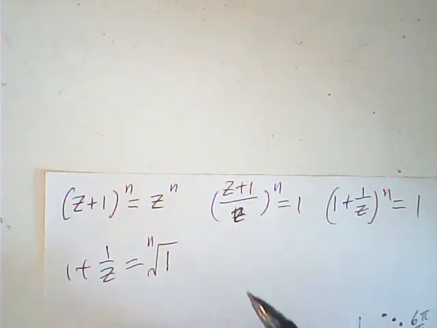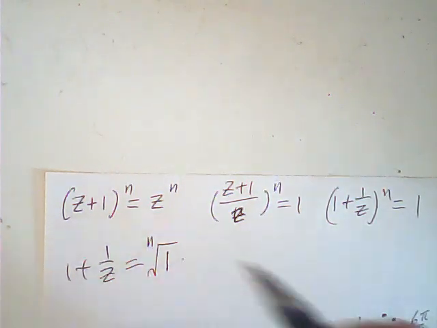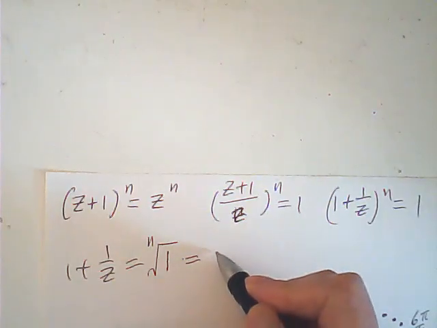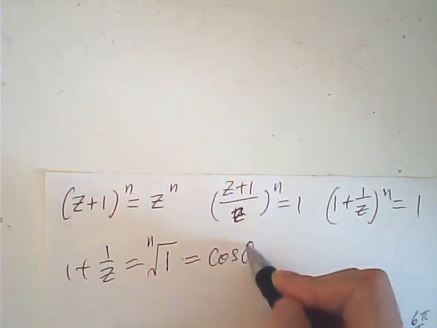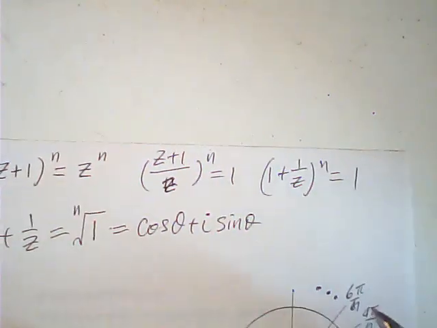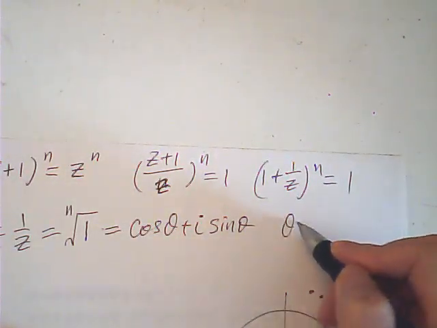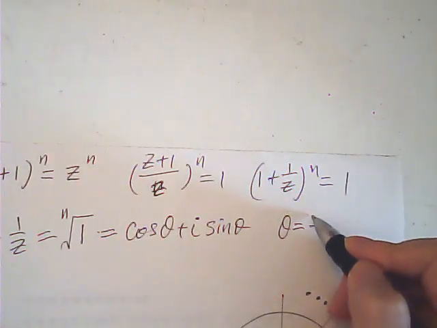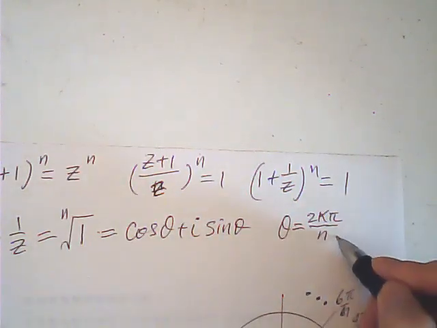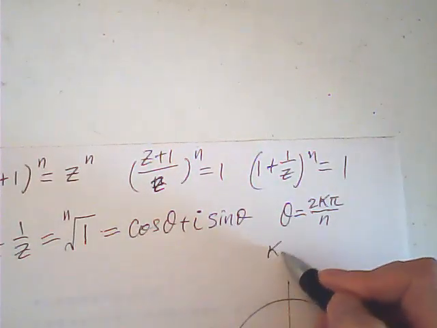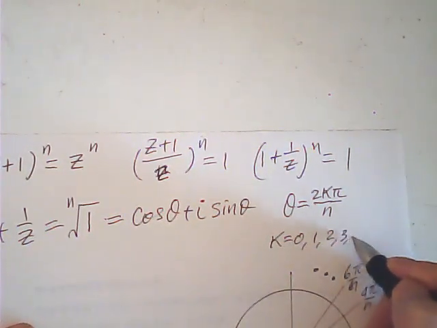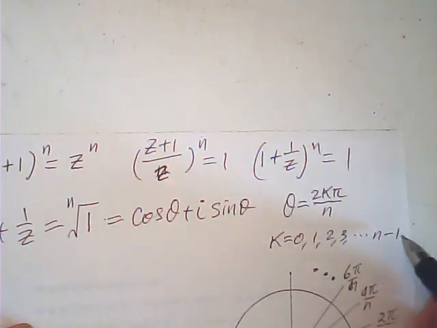So that is equal to what? It's equal to cosine theta plus i sine theta, right? Here theta is an angle, 2kπ/n, and k is equal to 0, 1, 2, 3, up to n minus 1.